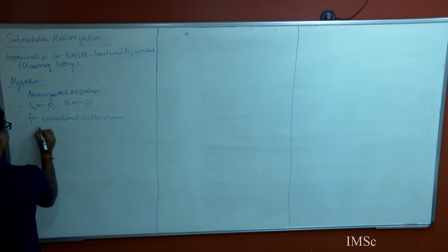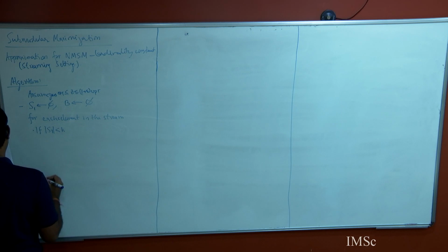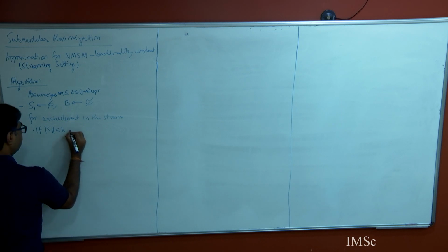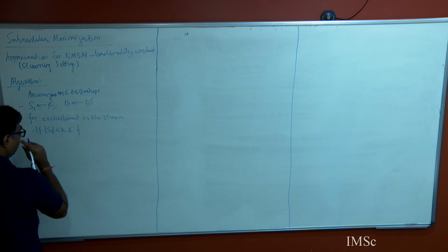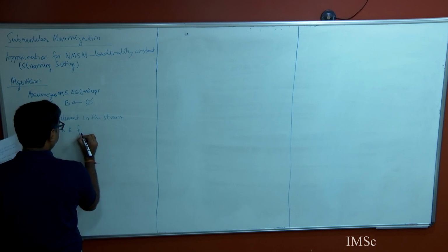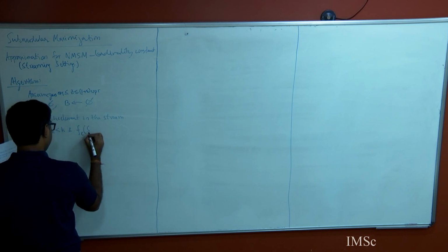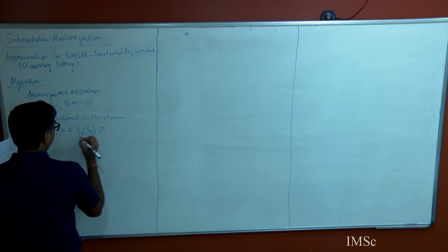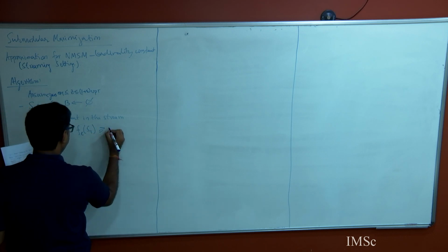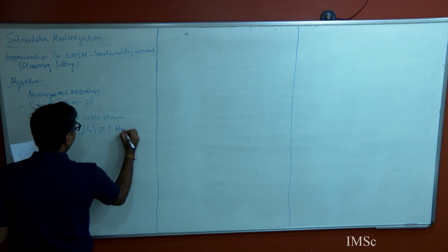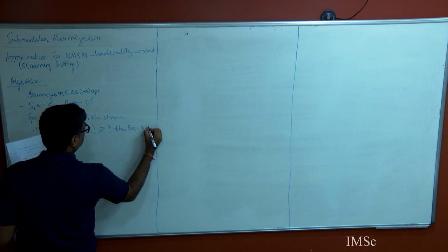So I check if the size of S1 is less than or equal to k, and f of e given S1 is greater than or equal to some threshold we will fix, then B becomes B union e.